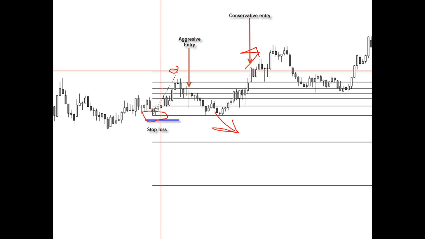But usually the breakout will be in the direction of the first spike. This is the first spike, that direction. Then there is a pullback, and after the initial spike, we want to see this red level broken. So after the initial spike, we want to mark the level with a horizontal line, and we want to see that line being broken. This is the conservative entry.